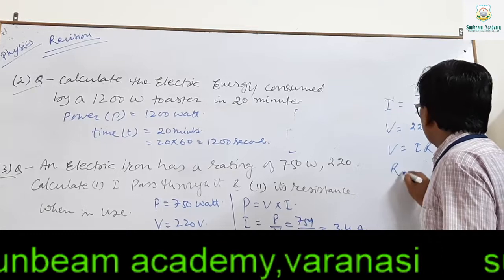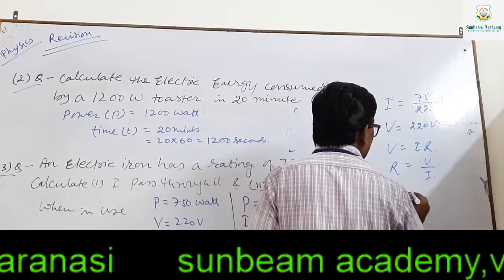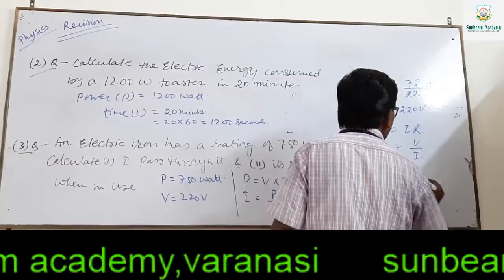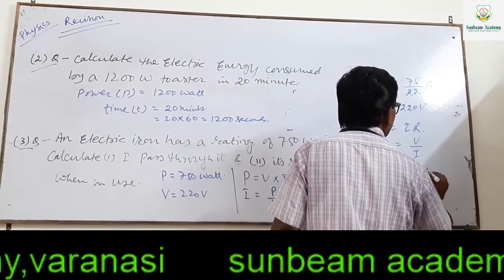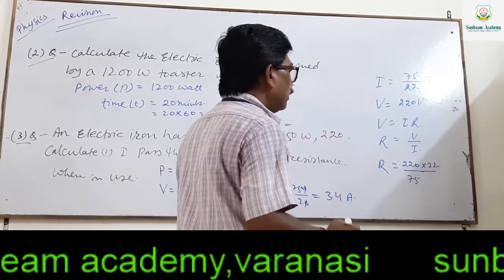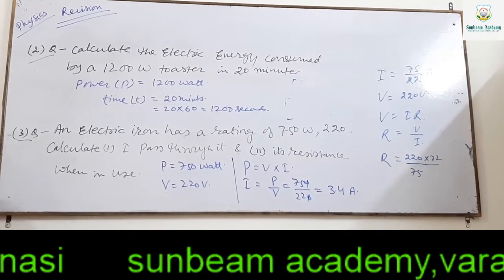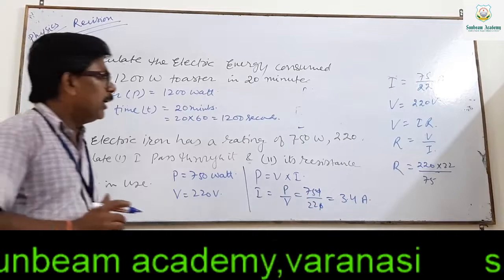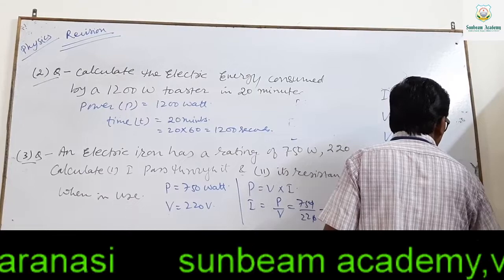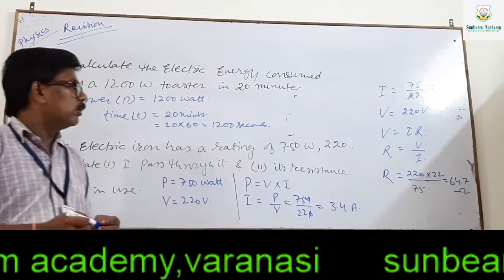So R is equal to V by I. So R is equal to V, which is 220, and I will be 75 upon 22, and this 22 will go up. You can calculate it and see how much it comes. It will be 64.7 ohms.